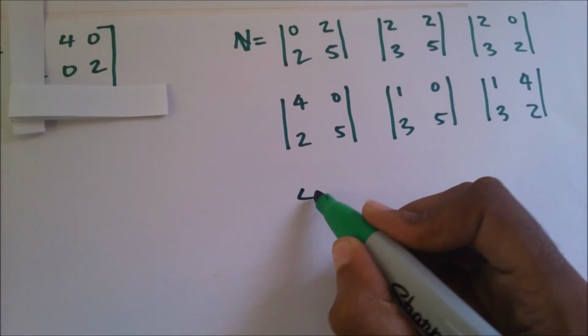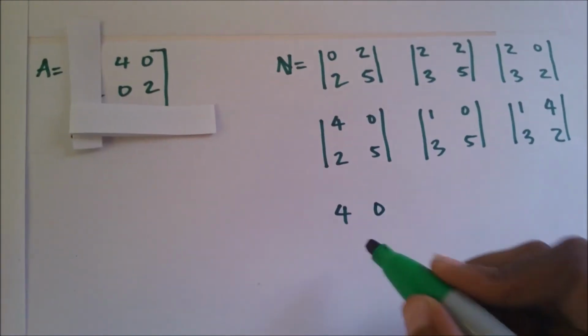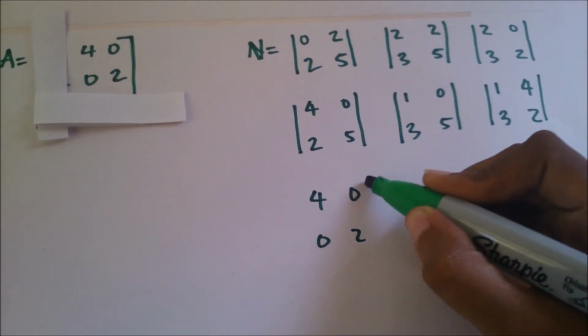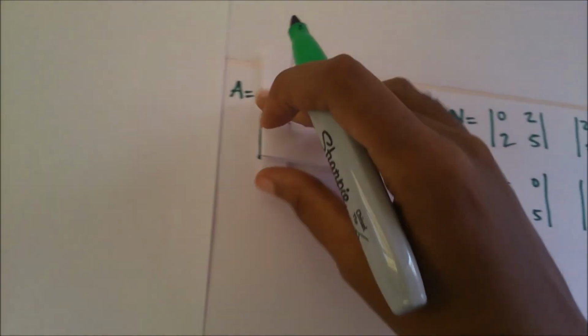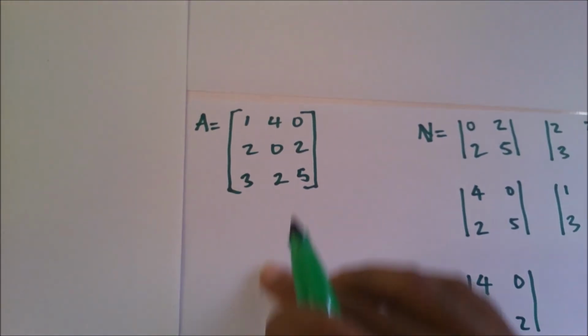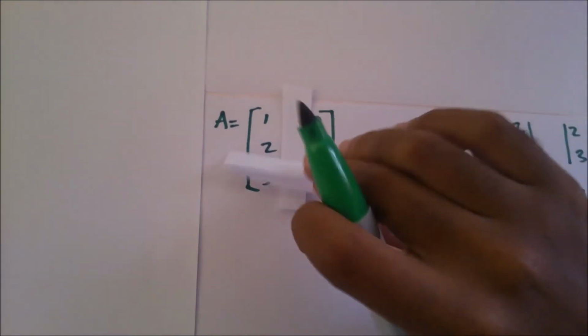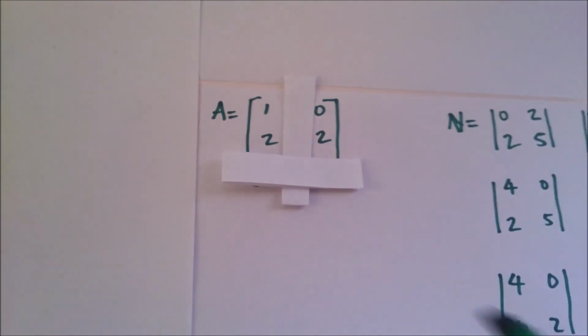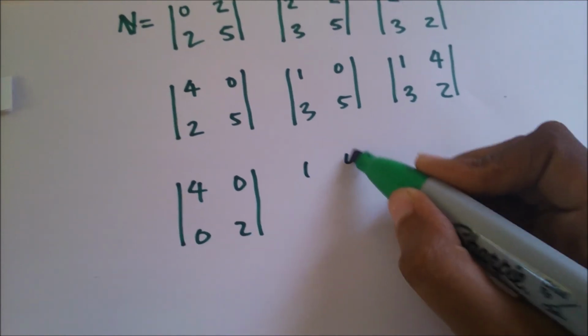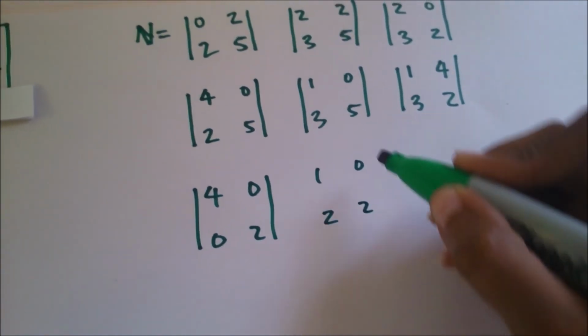Come here, 4, 0, 0, 2. Cover this, where the 2 is, cover this row. We're left with 1, 0, 2, 2. We come here, 1, 0, 2, 2.